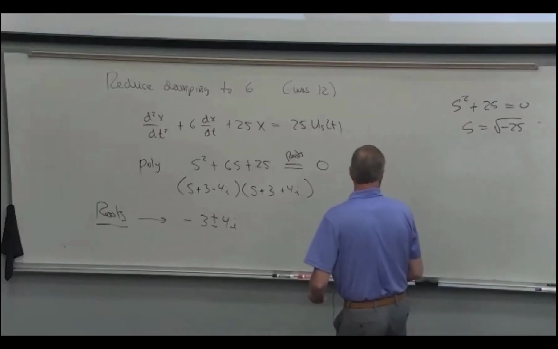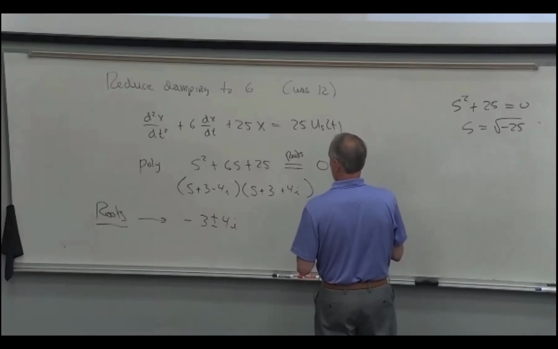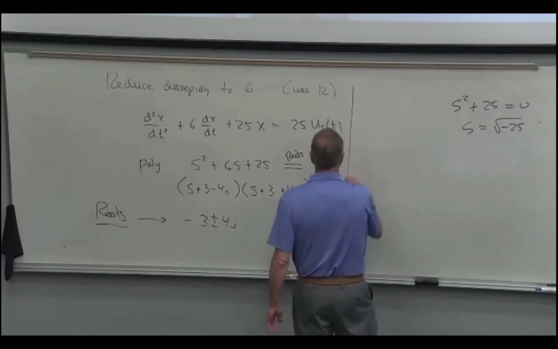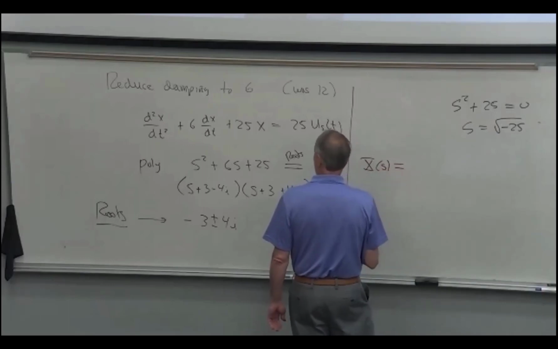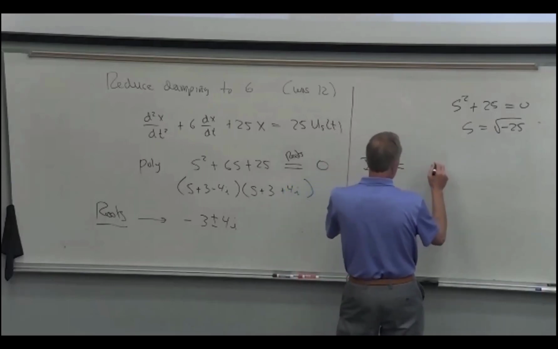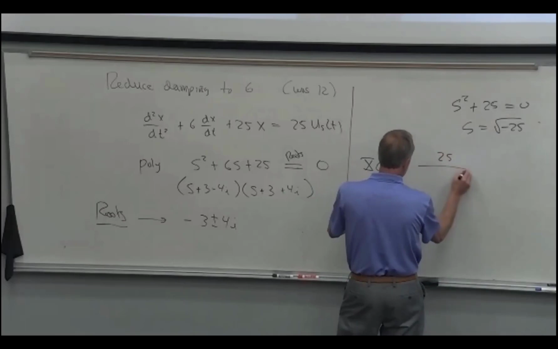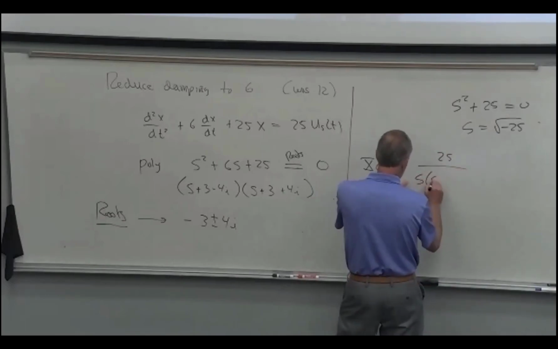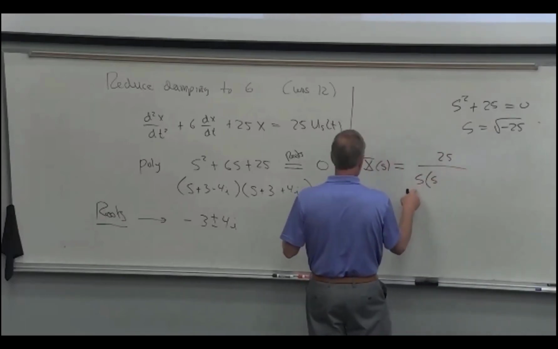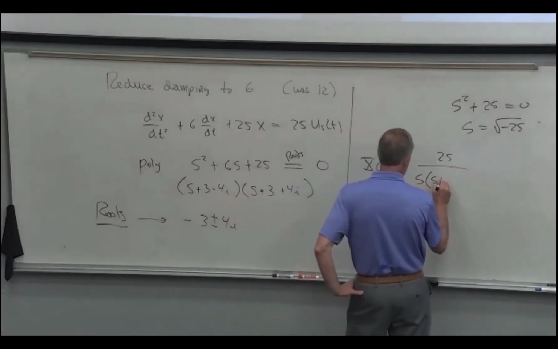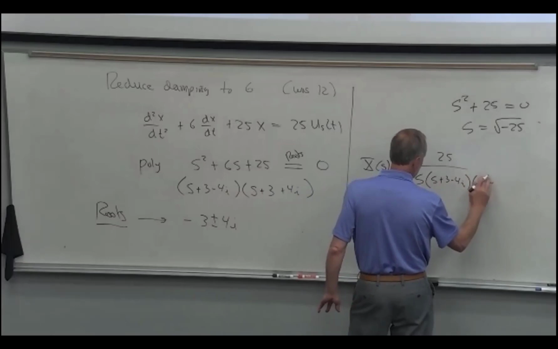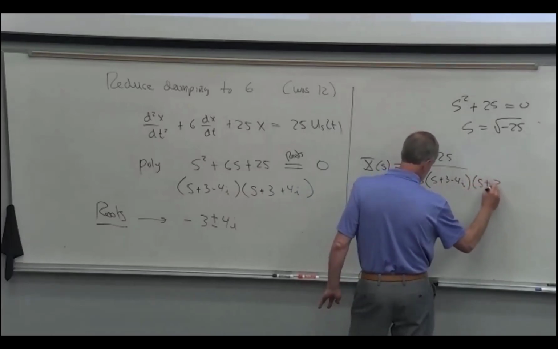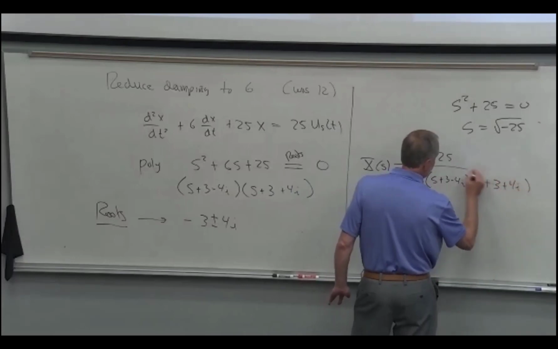So then what do we do with this? It means that in our solution, when we do the partial fraction expansion, x of s is going to turn into 25 over, we've got the s there, because that's the input, the force, and then we've got s plus 3 minus 4i and s plus 3 plus 4i.